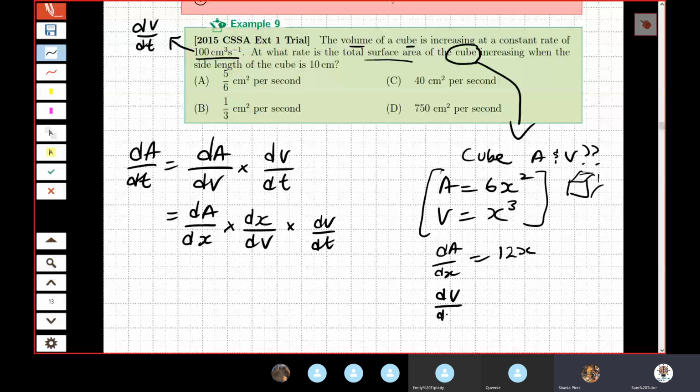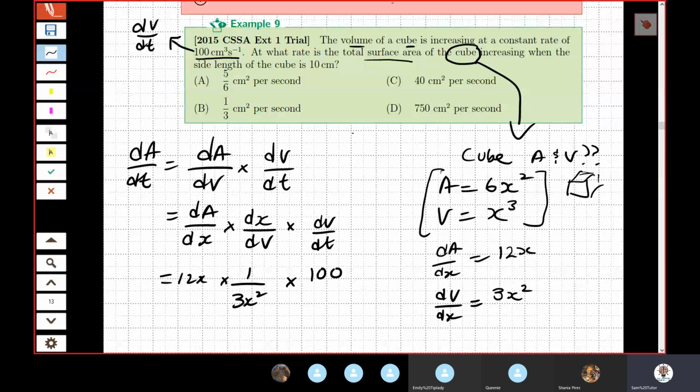So then dA on dx is 12x, times dx on dV, which would be this flipped. And then dV on dt, which is 100. You know what x is. It's saying the side length of the cube is 10. So it's just a matter of plugging it in now. Good job.